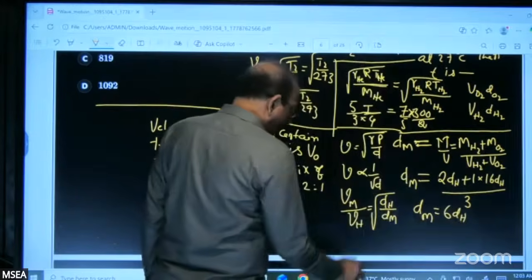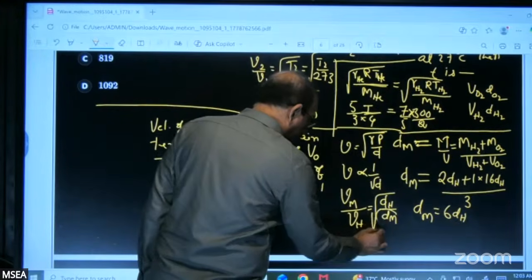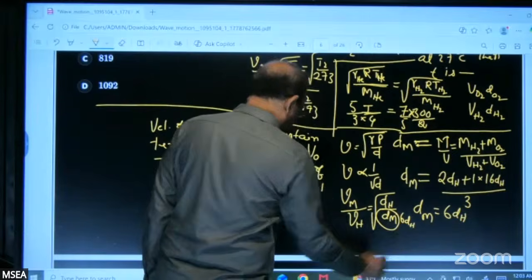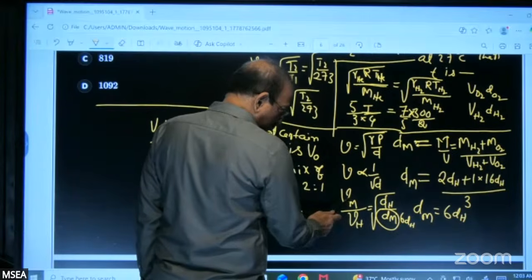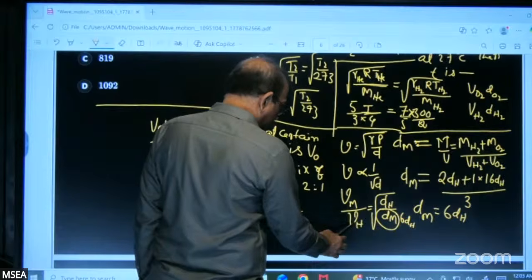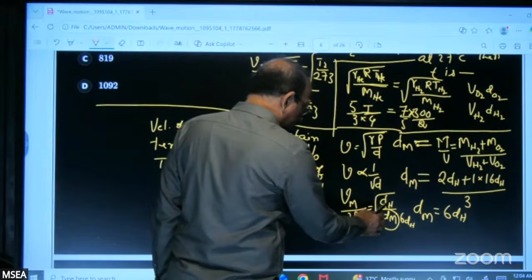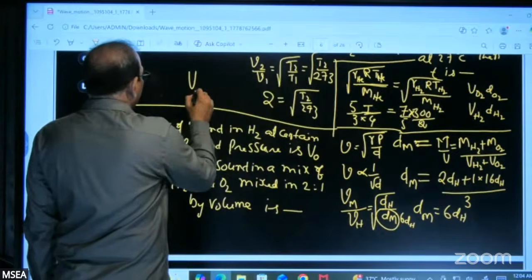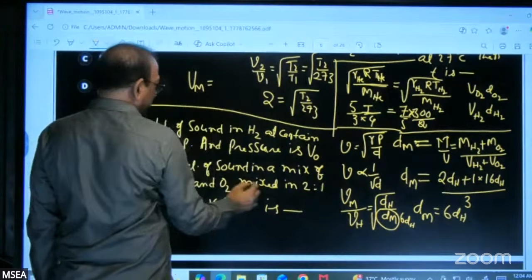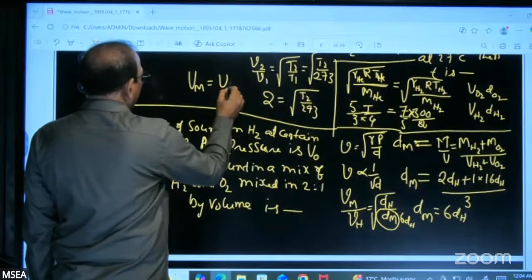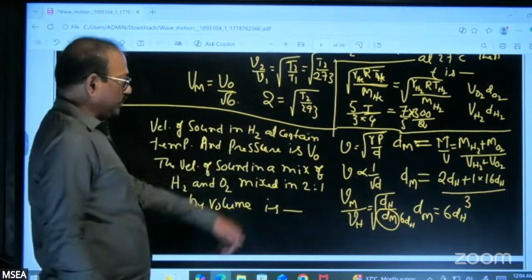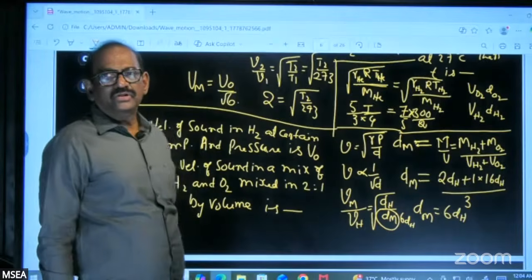In place of this mixture density, substitute 6 times the hydrogen density, and you will get the velocity of sound in the mixture as the velocity of sound in hydrogen, V naught, by root 6. This is also an important model in this.